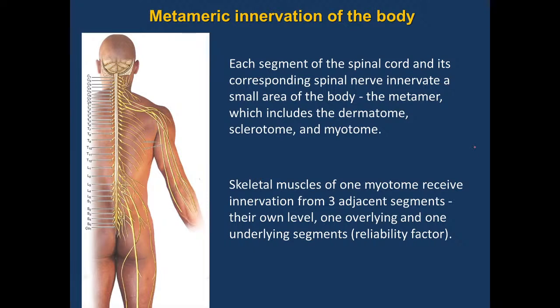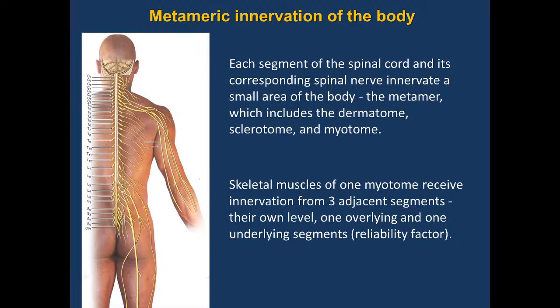Each segment of the spinal cord and its corresponding spinal nerves innervate a small area of the body we call the metamere or somite. A metamere includes the dermatome, that is the skin, sclerotome, these are the bones, and myotome, these are skeletal muscles.